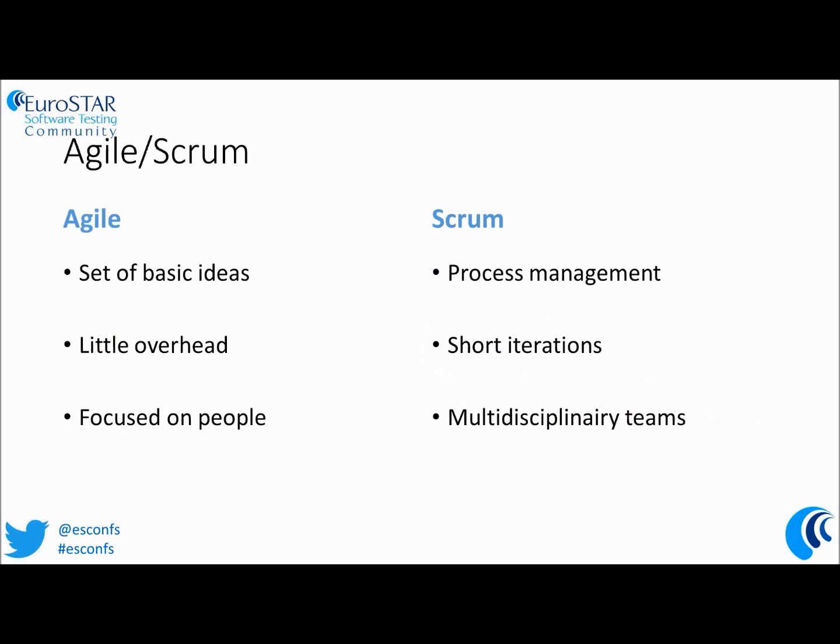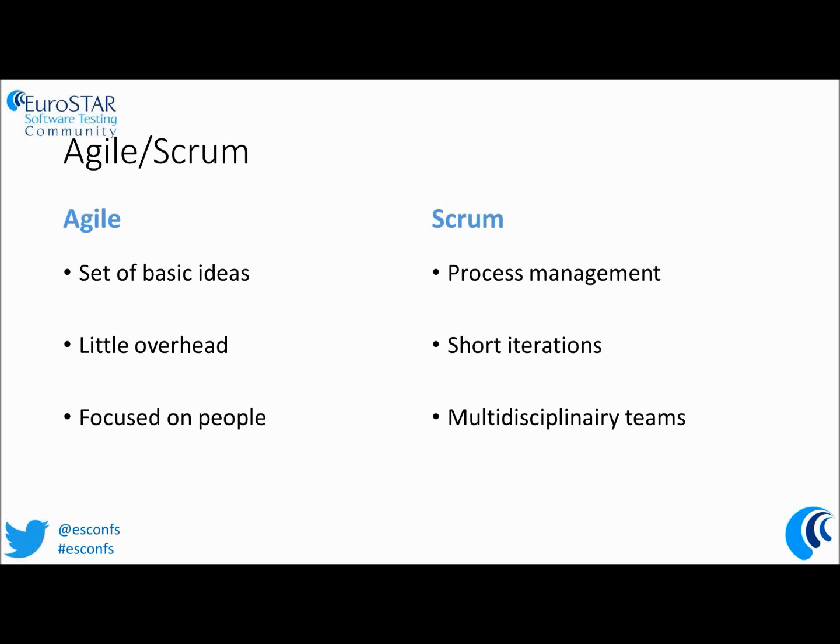So we've seen a very short introduction of Agile and Scrum, where Agile is just a set of basic ideas, 4 simple rules, dealing with little overhead and focused on people. And Scrum is a process management method, dealing with short iterations and multidisciplinary teams.